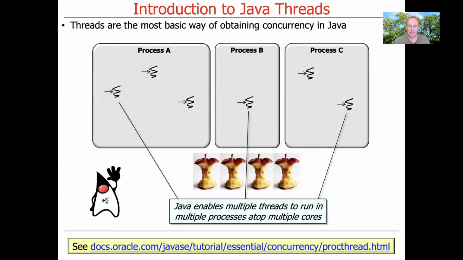One of the cool things about modern systems is you can have multiple processes that have multiple threads. By default, a process starts with one thread. That's the main thread, or sometimes called the user interface thread, depending on how you're using it. But you or the underlying Java execution environment can spawn more threads to do other things concurrently or in parallel, depending on how you set things up.